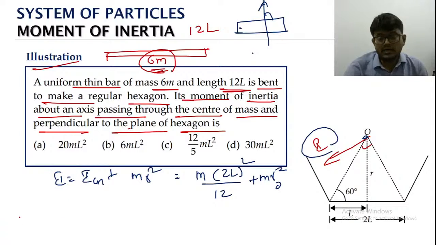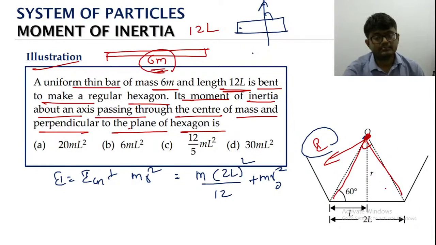In a regular hexagon, if you draw lines from the center to the vertices, the triangle that gets formed will be an equilateral triangle. So this angle will be 60. Now in an equilateral triangle, if you draw an altitude, that is also the median, which means the total length of rod one is 2L, so half the length means L. In the right angle triangle, what is tan 60?